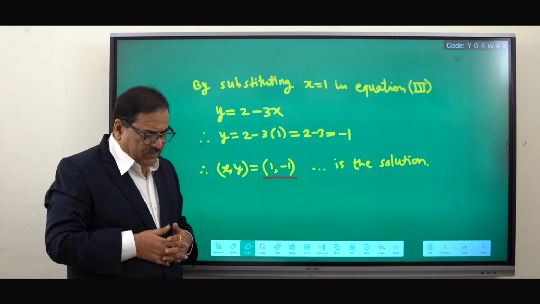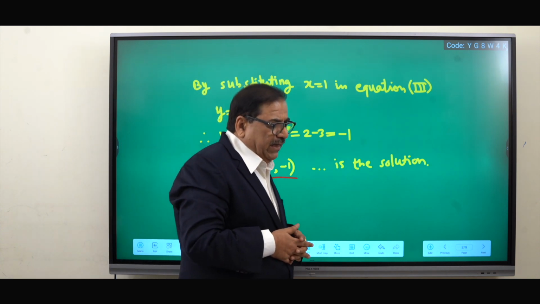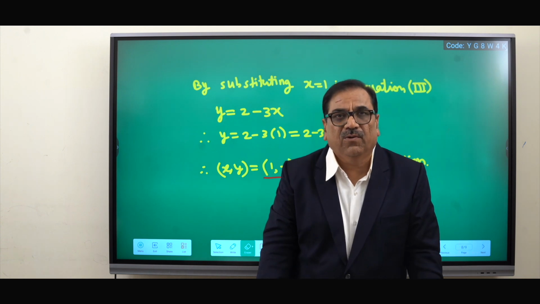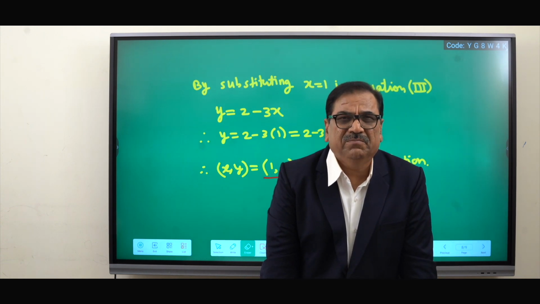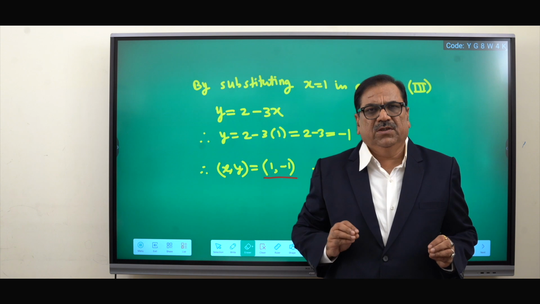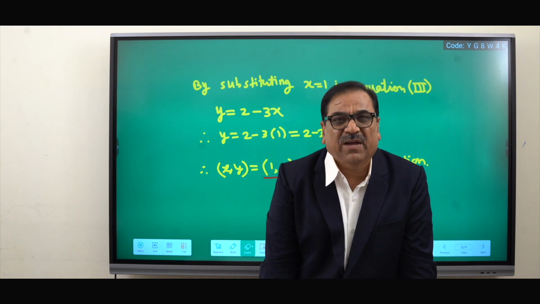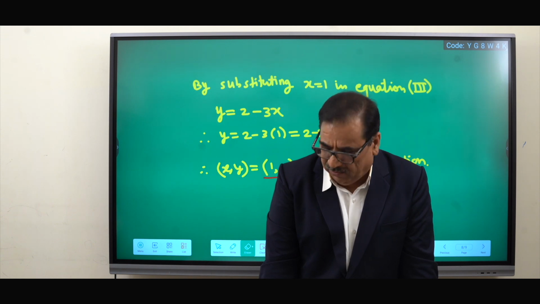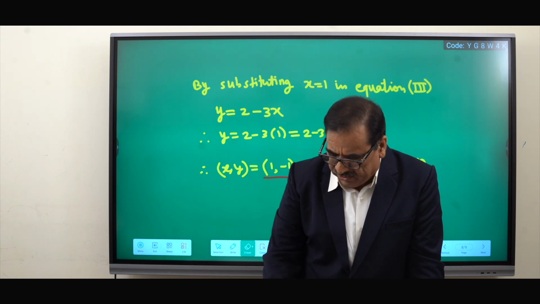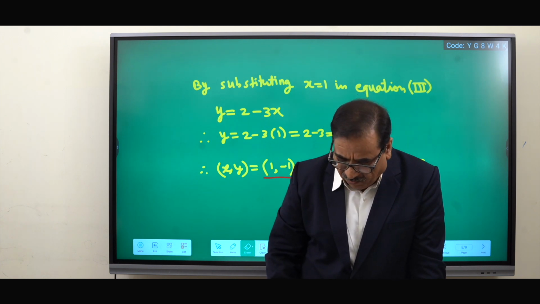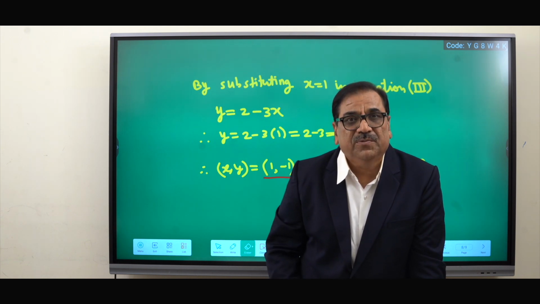So friends, in this way, by eliminating one variable, we can find the value of the other variable. So this is the procedure of solving simultaneous equations by elimination of one variable. We will solve some more problems in this way, and I hope you understood the concept.